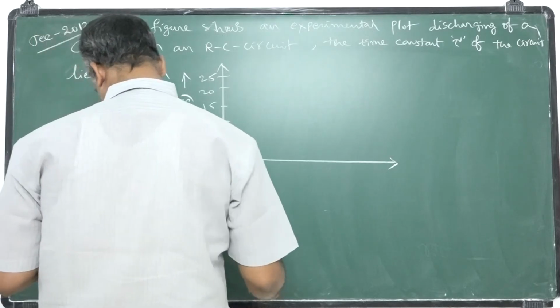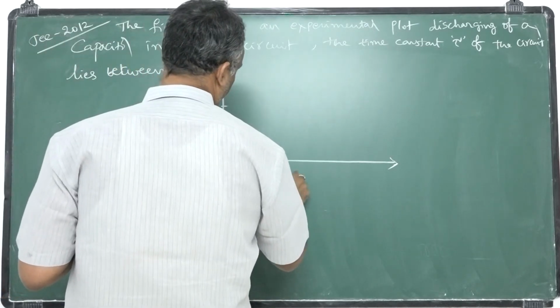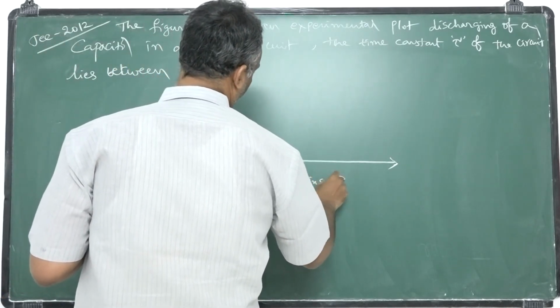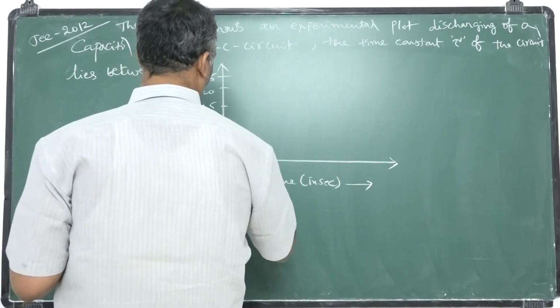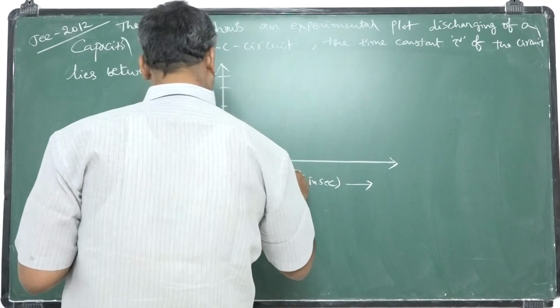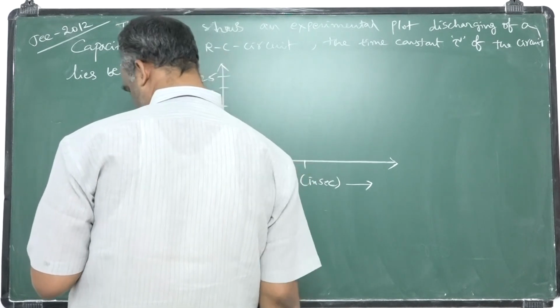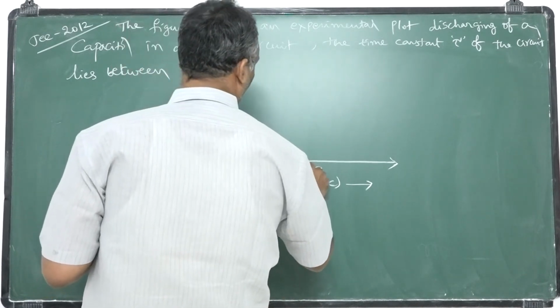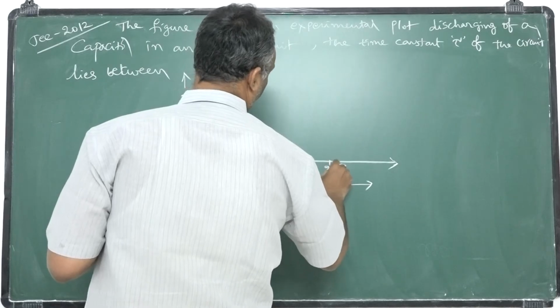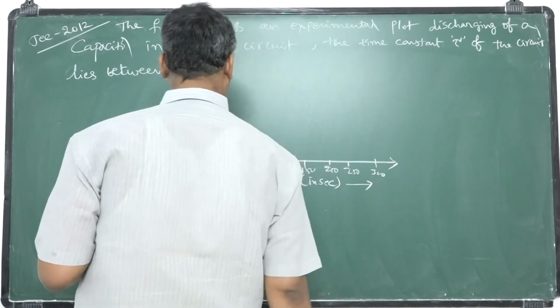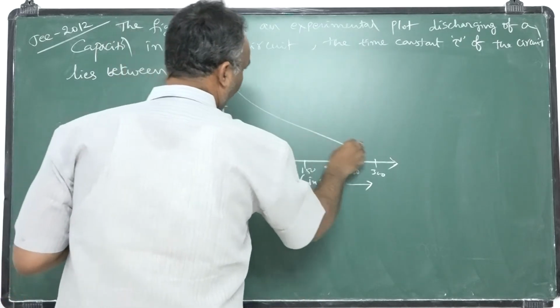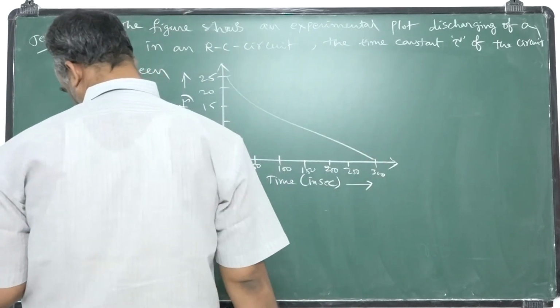On the x-axis, time in seconds. Here the values are 50, 100, 150, 200, 250, 300, etc. The graph is like this.